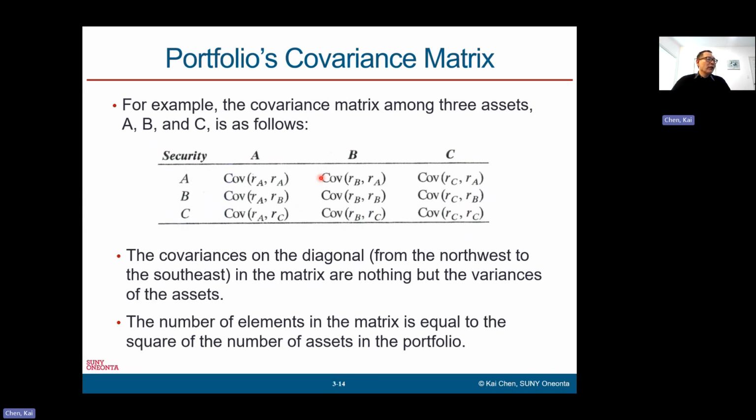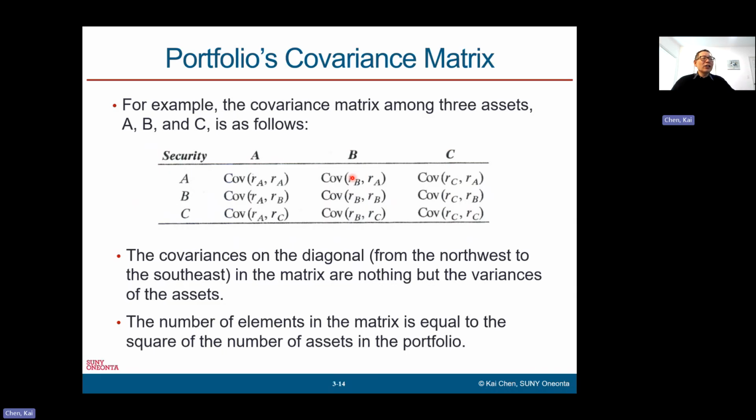For example, this element is column B and row A. Symmetrically, we can find the other one, that is column A and row B.